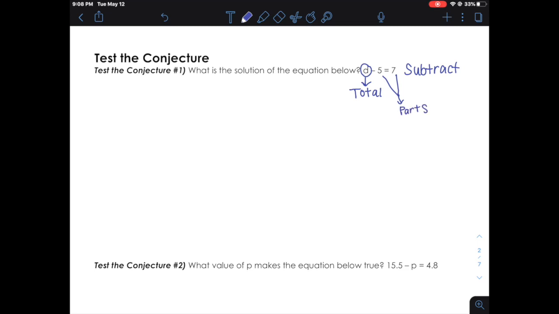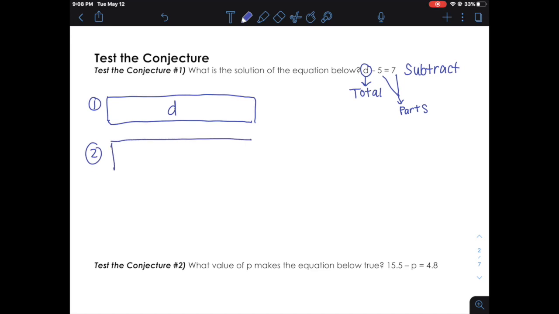So I'm going to draw my first tape diagram, or bar model, and this is going to represent our total, d. Then I'm going to draw my second bar model, make sure they're equal in length, and since we have an equal sign, I know that this bar model is going to be made up of 2 parts, and those parts are going to be 5 and 7.